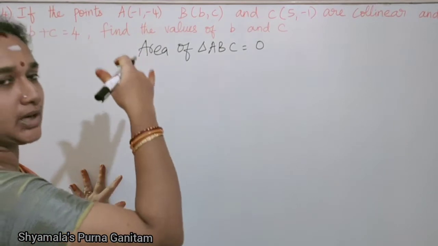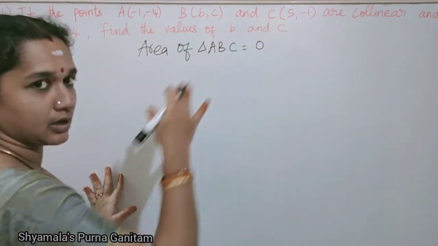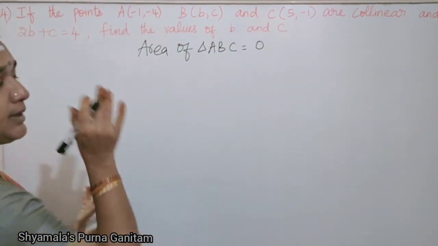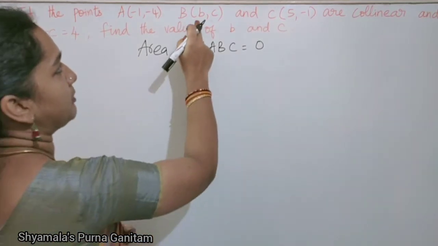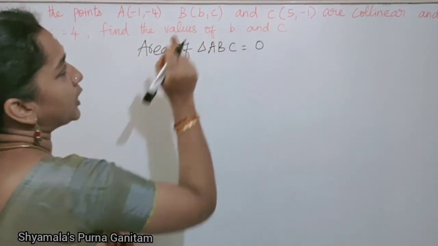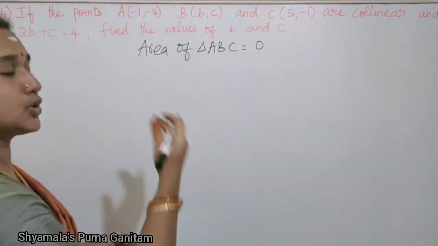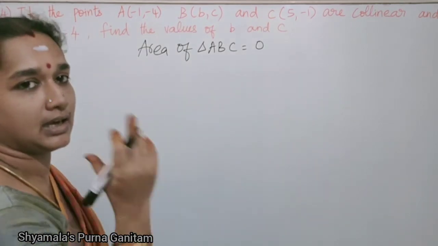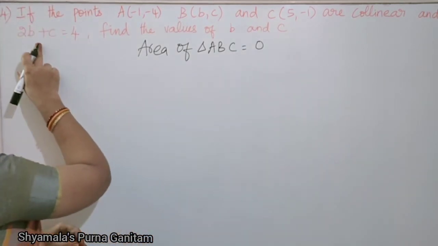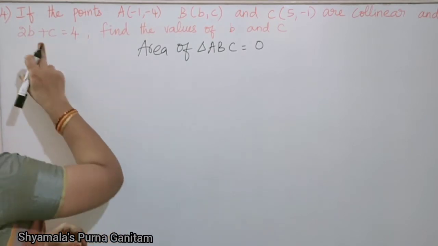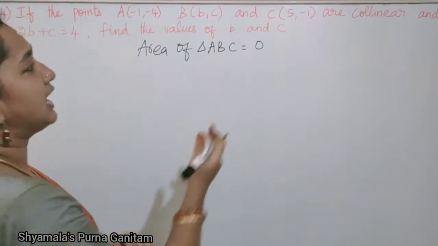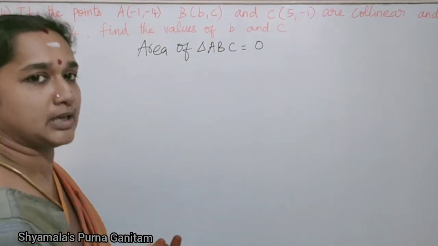When we equate it to 0 with the given coordinate points, we will get an equation with B and C, because one collinear point is given in terms of B and C. That equation and the other given equation will be solved together, and we will find the values of B and C.